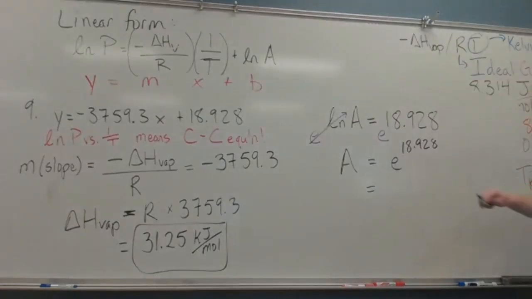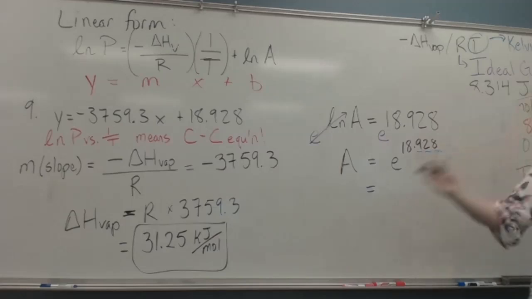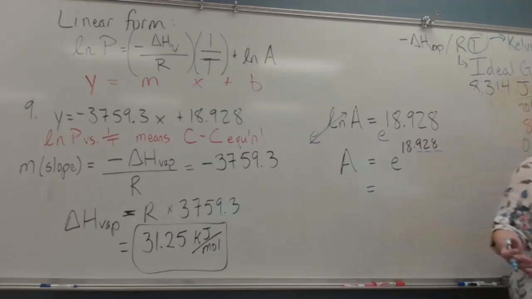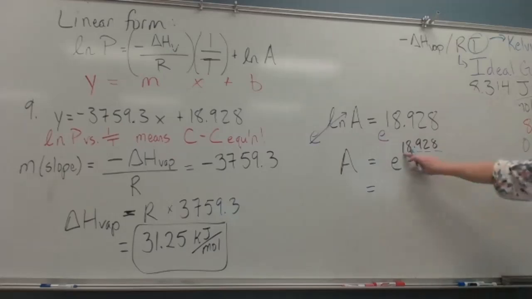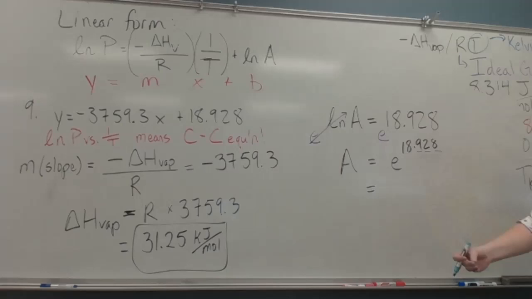Anytime you're doing logarithms and exponents and you're working with sig figs, this may be a brand new rule to you guys. I don't necessarily expect you to know this. Whatever your exponent number is, count how many places past the decimal it went.